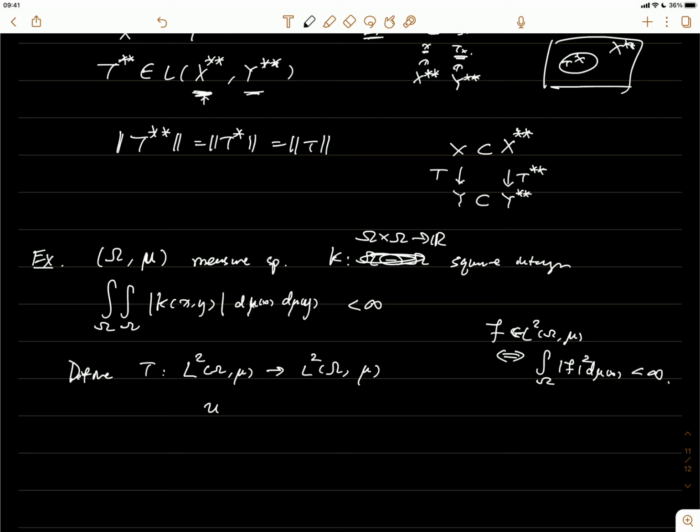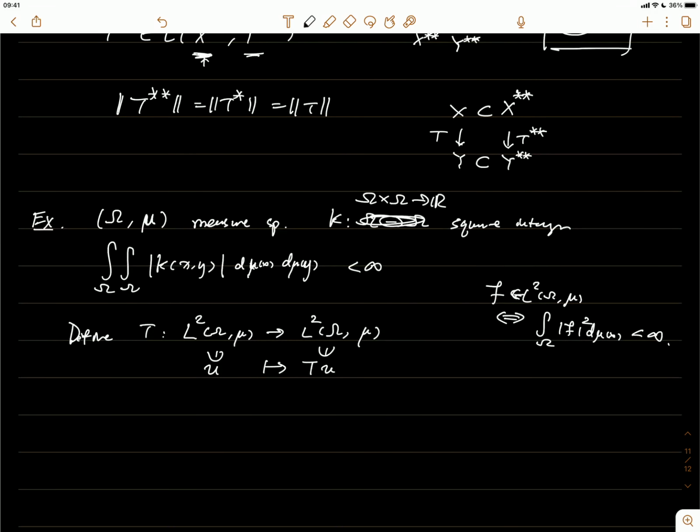So I'm going to define this operator T by that. For any vector u in this space, it will be mapped to T of u, which is also a square integrable function. And that definition is, since it's defined over Omega, for any x in Omega, T u at x is defined by the integral over Omega of K(x,y) u(y) d mu y.